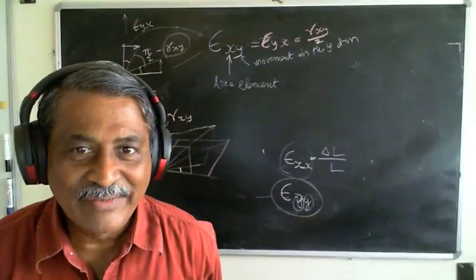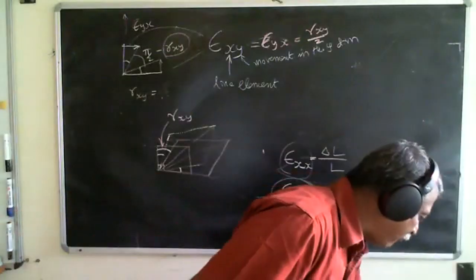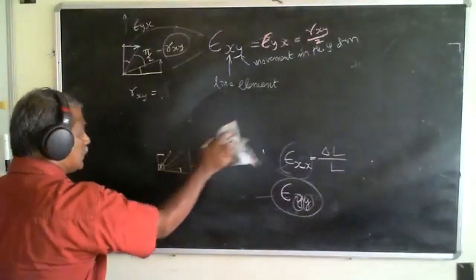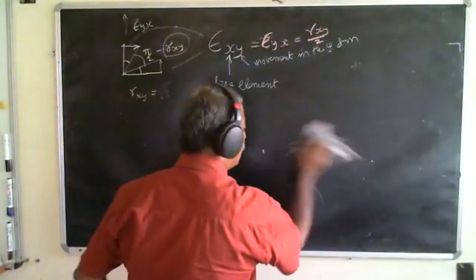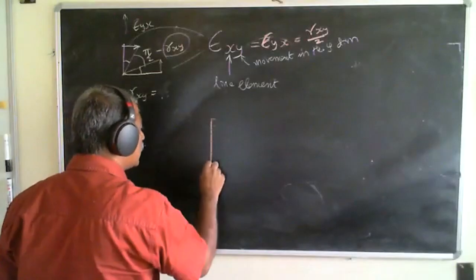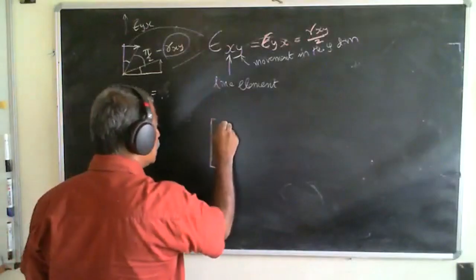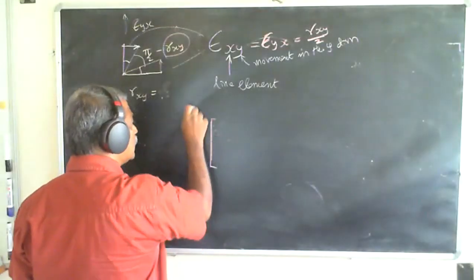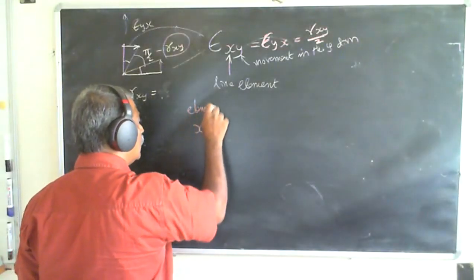If you have a question, you have to ask me. And therefore, let me erase this. Now it's becoming clear to me. I can now write a matrix with all this. This is for the element. So this is a line element.